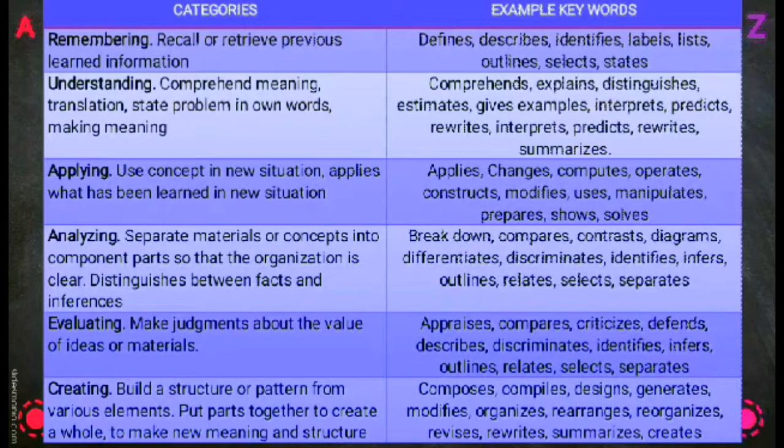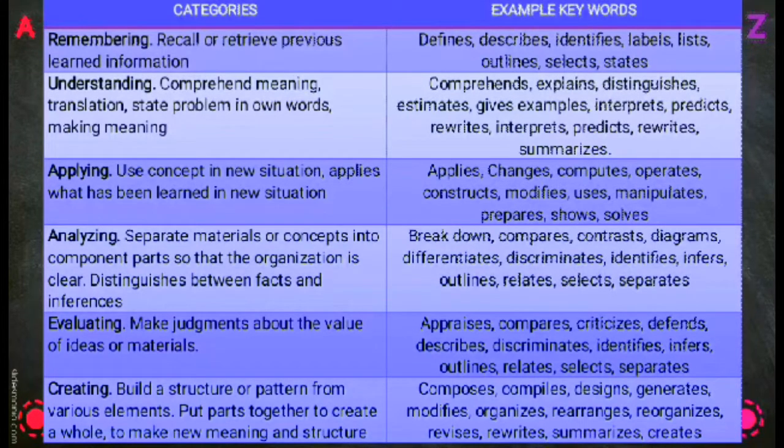It separates materials or concepts into component parts so that the organization is clear, distinguishes between facts and inferences. Example keywords are breakdown, compares, contrast, diagrams, differentiates, discriminates, identifies, infers, outlines, relates, selects, and separates.